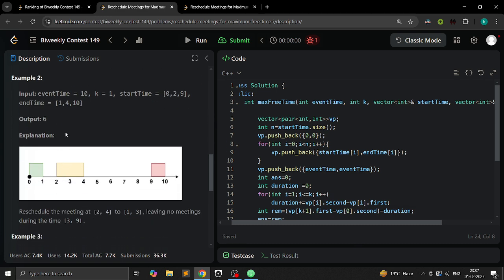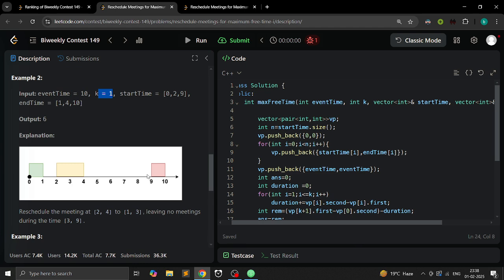In the second example, event time is 10 and k is 1, so we are allowed to move one meeting, and there are three blocks. There is a meeting from 0 to 1, 2 to 4, and 9 to 10. The best solution here would be to move this block. If we move this block to the left, ending at this, then we have 0 to 1, and from 1 it would be up to 3.